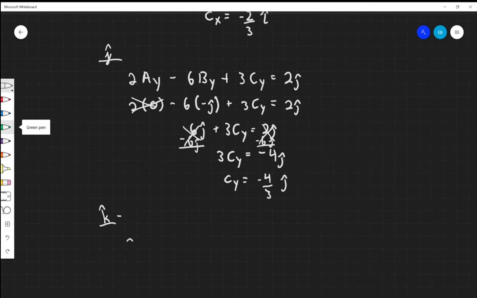So we want to again do 2 times a in the z direction, minus 6 times b in the z direction, plus 3 times c in the z direction is equal to, this time, 0.